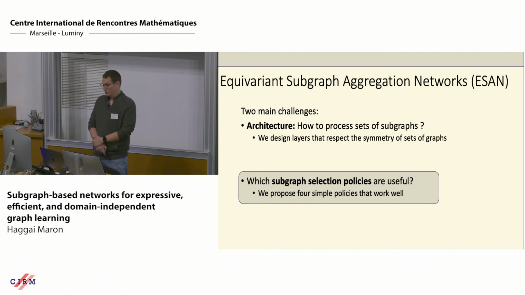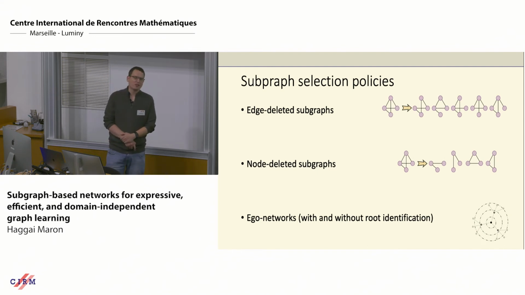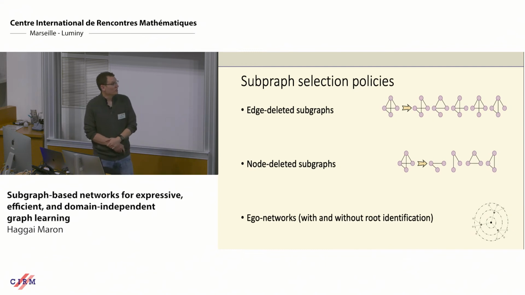So we turn now to which subgraph selection policies we can use. This was not the main focus of the paper, but still we suggested 4 different policies. The first one is edge deleted, as we saw, in which for each subgraph we delete a single edge. We also have node deleted subgraphs in which we delete a single node at each time.